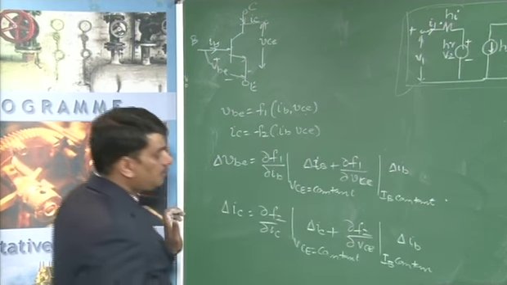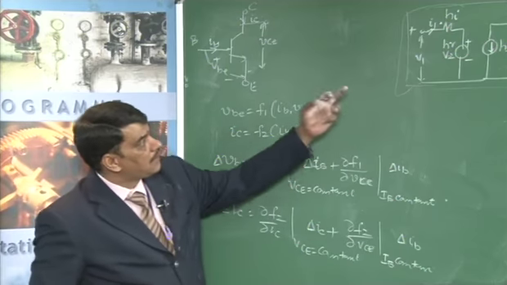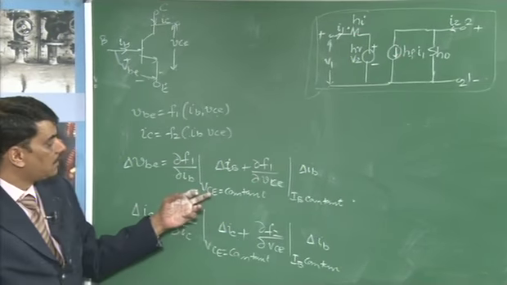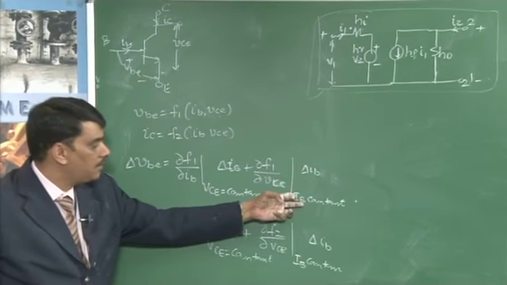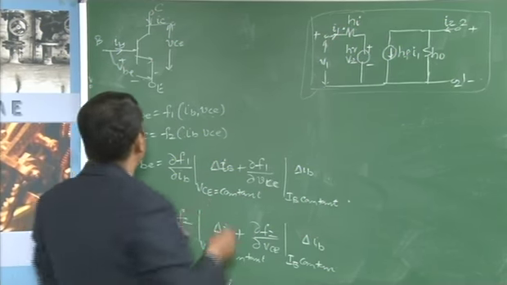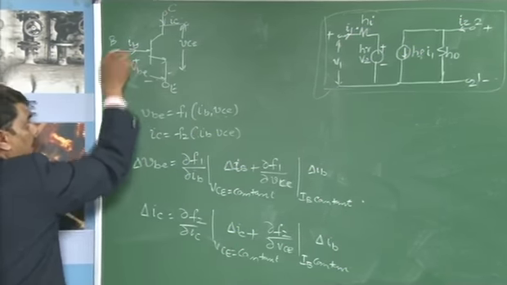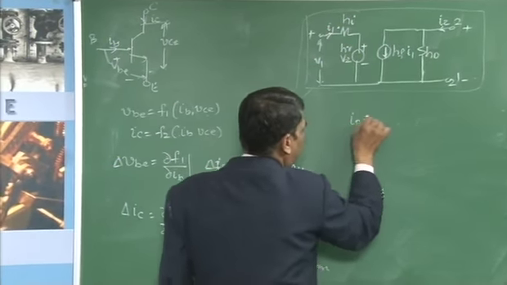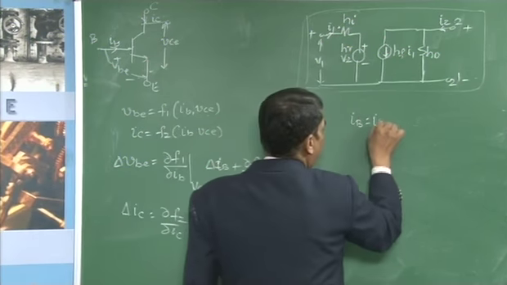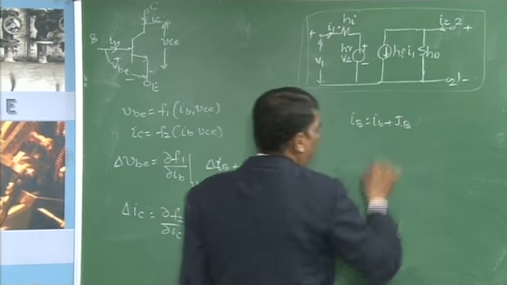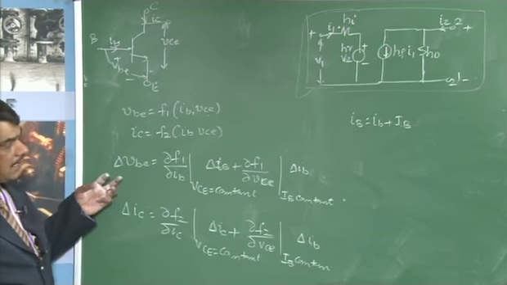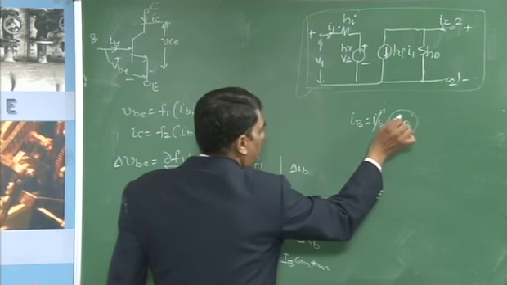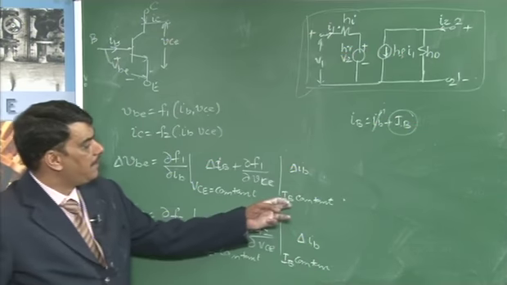In the earlier case, when defining H11, H12, H21 and H22, we defined them with V2 equal to 0 and I1 equal to 0. But here in a transistor, the circuit is biased with a DC current, so the current flowing through the transistor is IB, the total instantaneous current. This is nothing but IB0 plus ib, for an incremental current and voltage.